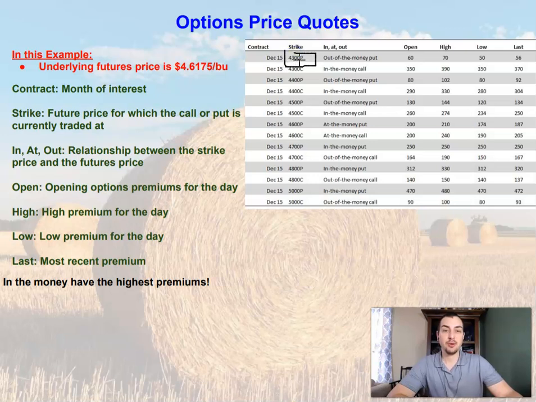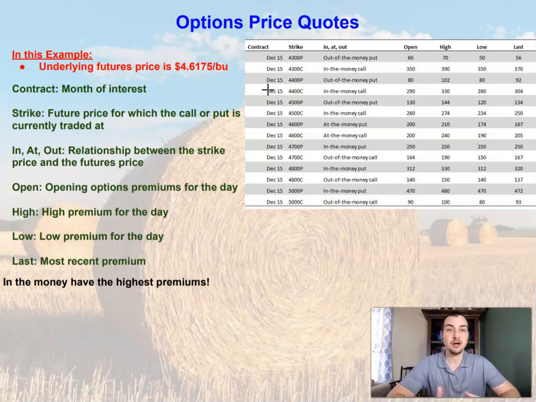Or sorry, this would be a put contract at $4.30. This is a call contract at $4.30. So we can see that there's a list of predetermined prices that range anywhere from $4.30 to $5 for both put and call options.